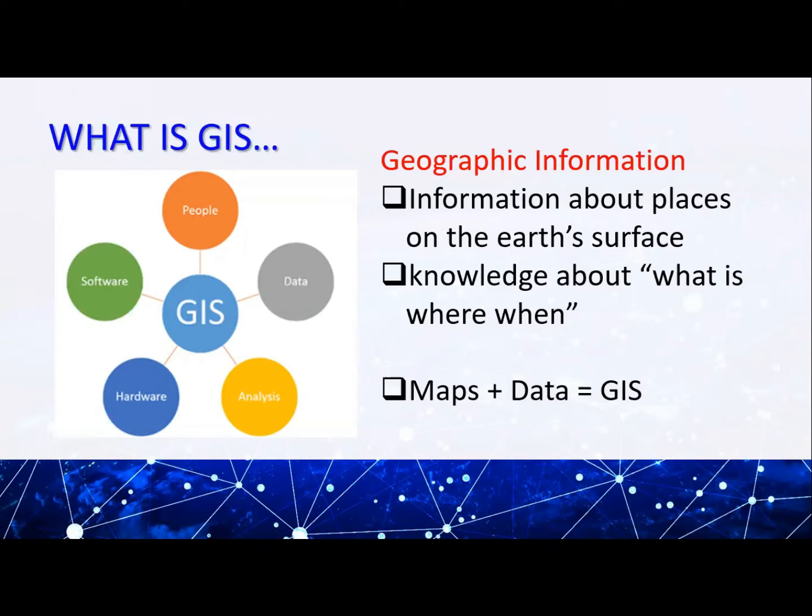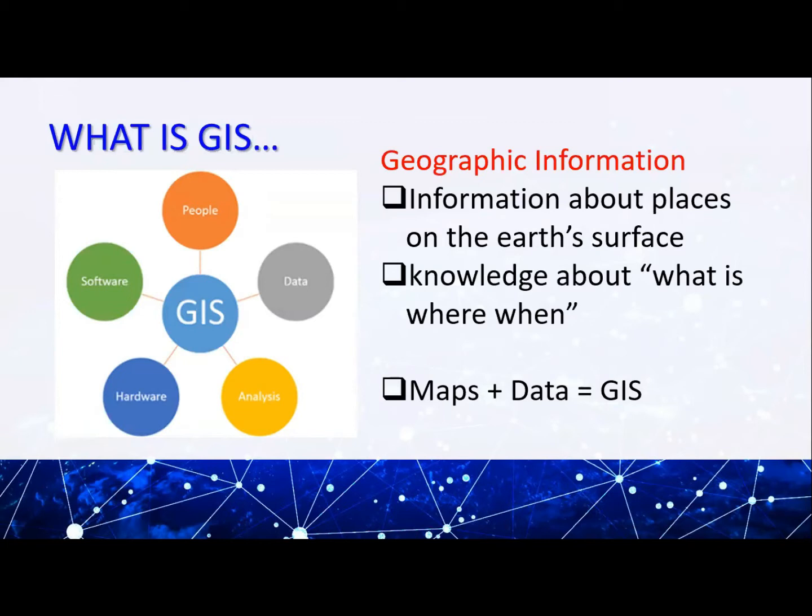There are a number of softwares that are used as a tool for this GIS. For example, you've heard of open source software such as QGIS. You've heard of paid for software such as ArcGIS itself. Those are just some of the examples of GIS software. Then GIS is also made up of hardware. For this software to function, you need to have some hardware on which it could function.